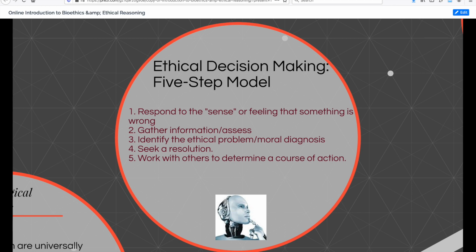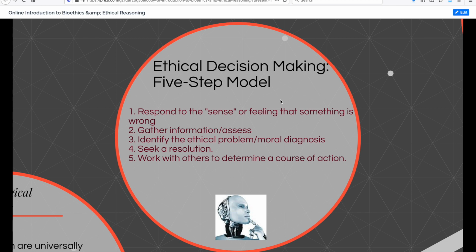So what is the ethical problem? Who is involved? What is the scope? 4, seek a resolution. Now, this could include individuals, and it could include you making an individual decision, but as the medical and research context is largely built on community decision making, oftentimes this includes what the ethical decision making model lists as 5, which is working with others to determine a course of action.